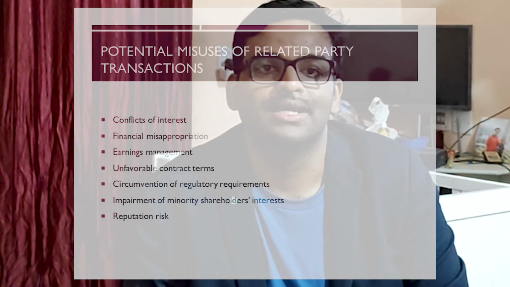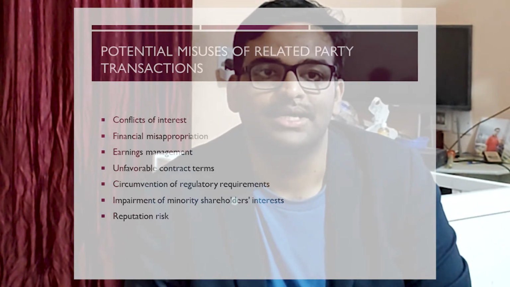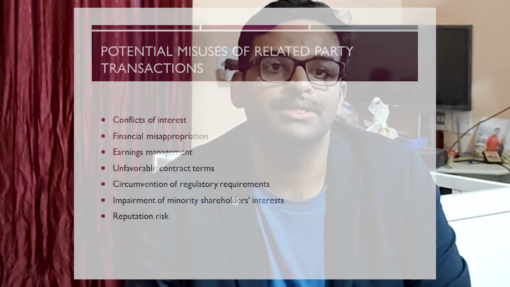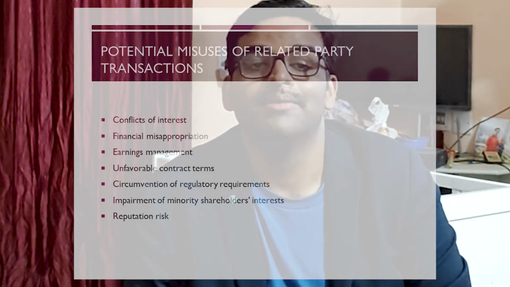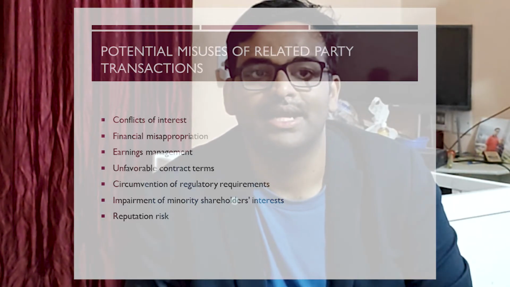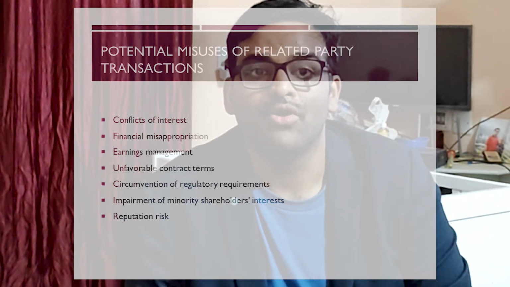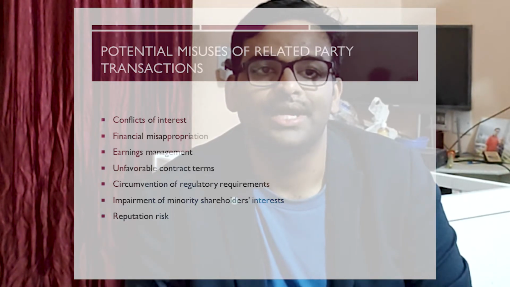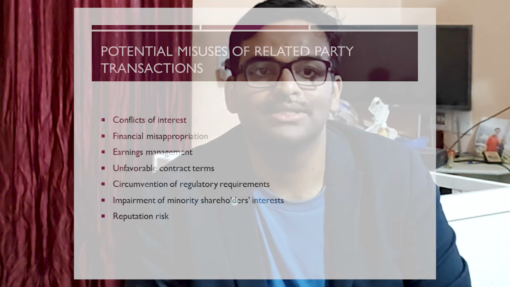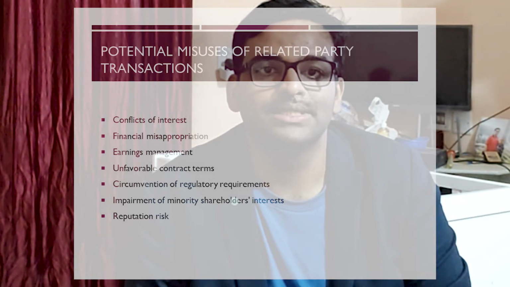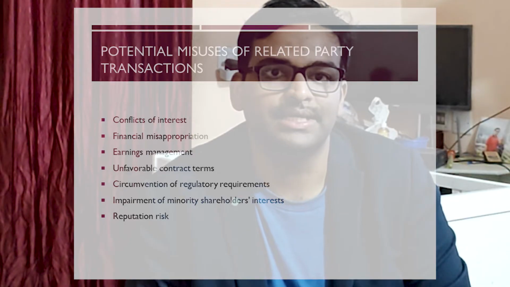Conflict of interest. Favoritism and nepotism: decisions may be influenced by personal relationship rather than business merits, leading to unfair advantages for related parties. Compromised objectivity: directors or key managerial personnel might prioritize personal gains over the company's best interests.